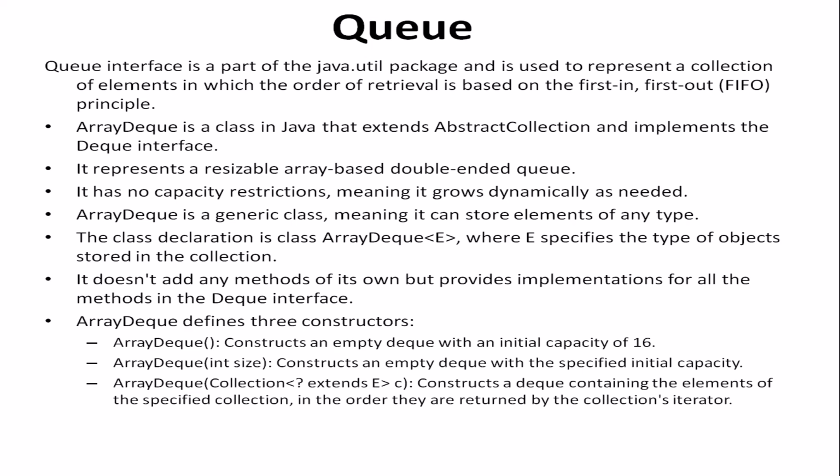ArrayDQ defines three constructors: ArrayDQ, ArrayDQ int size, ArrayDQ collection. It extends from E, where it specifies the type of the collection. It constructs a DQ containing the elements of the specified collection in the order they are returned by the collection iterator.